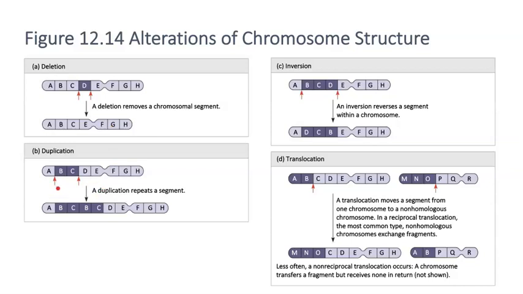You can have a duplication, and with duplications, you have the sections repeat themselves. So instead of just being A, B, C, D, E, and so forth, you would have A, B, C, B, C, D, E. And you might think that that would be a bad thing as well, because too much information can be a bad thing.